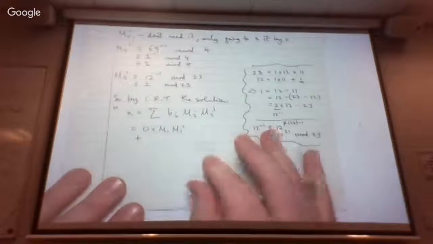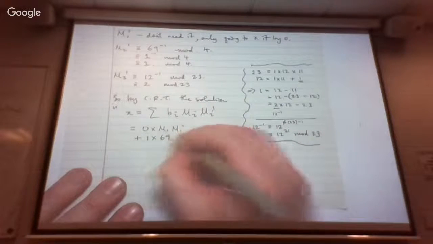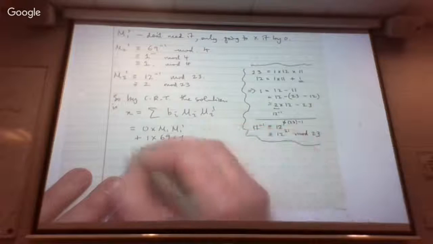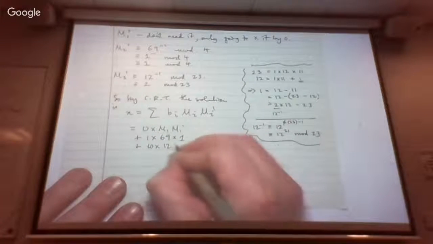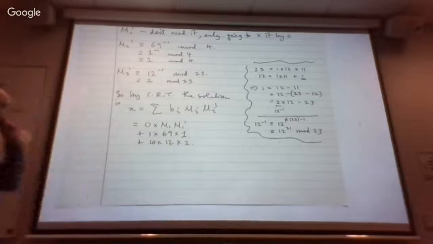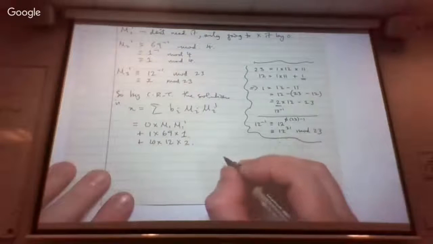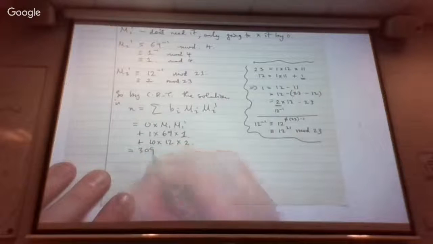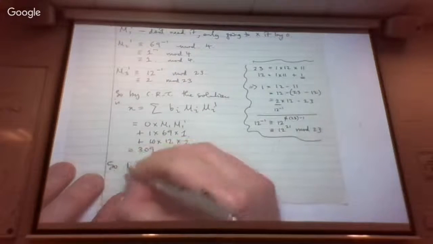The second one is 1 times m2, which is 69, times m2 prime, which was 1, and then the third one is 10 times m3, which is 12, times its inverse, 2. So it's 69 plus 240, which is 309.